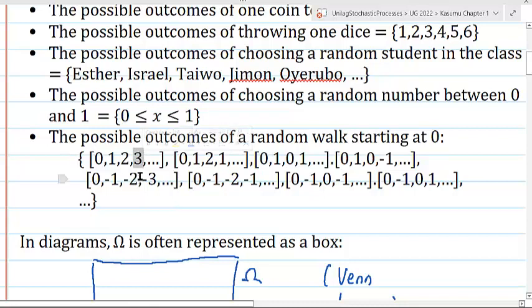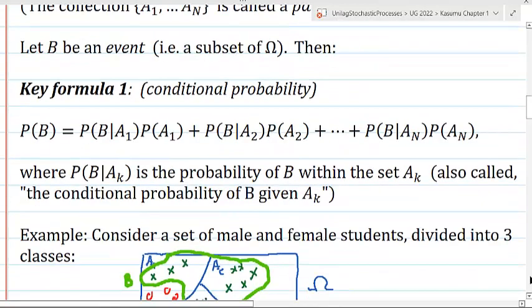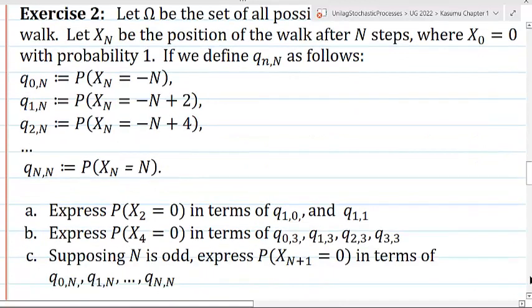And if you look at how random walks work, this is a general rule. After n steps, the smallest possible location is minus n. The largest possible location is n. And the possible locations have increments of 2. It's not possible to have minus n plus 1, only minus n plus 2. This is true in general.